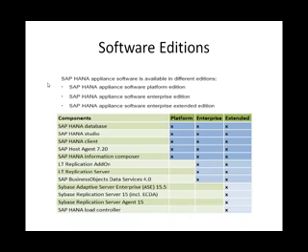We have 3 software editions depending on the customer and the licensing. You have the platform edition, which is core HANA software. This is for customers who are SAP customers and who also have the replication licenses for data services and SLT.